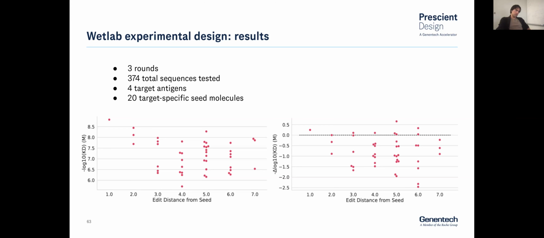In terms of the error of the experimental measurement, the short answer is that it's not homoscedastic, but the rule of thumb that we like to use is we like to look for a KD improvement of about 0.5.